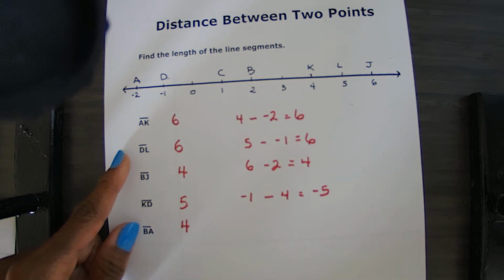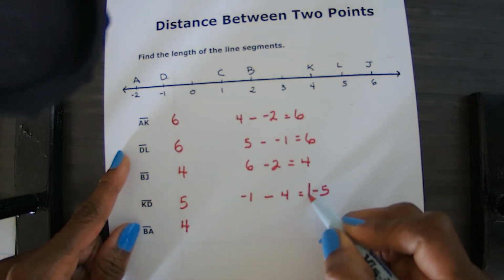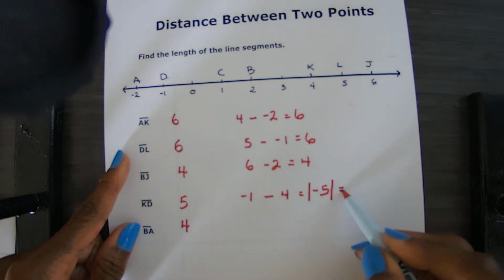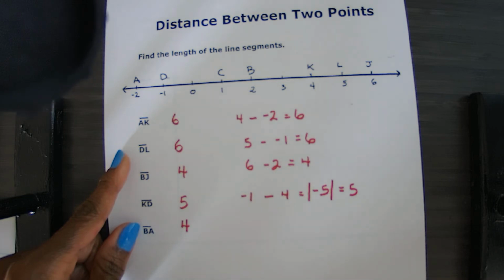So this is where we insert these symbols. This is called the absolute value. And the absolute value is the number's distance from 0. So it tells me I don't want to know the sign. I don't want to know what direction you went, only how far you went. And what I went was 5 units. In other words, it's always positive.